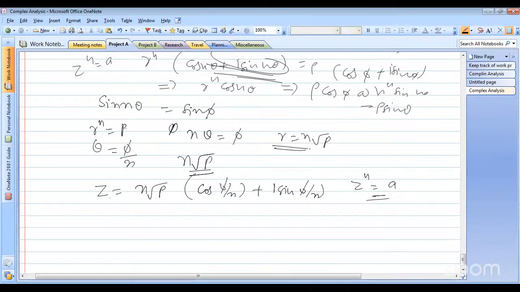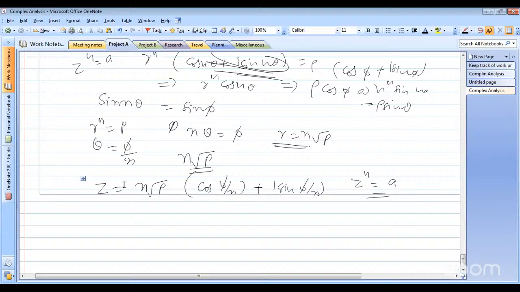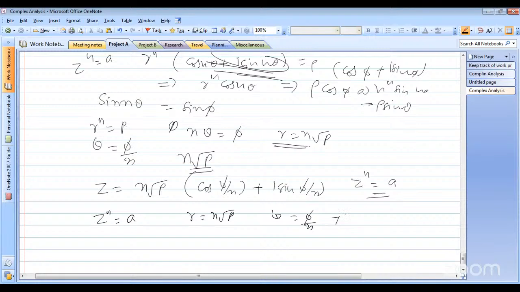In fact, the equation is also satisfied if n theta differs from phi by an integral multiple of 2 pi. Therefore, we can claim that z to the power n is equal to a if and only if r is equal to the nth root of rho and theta is equal to phi by n plus 2k pi by n, where k is an integer.